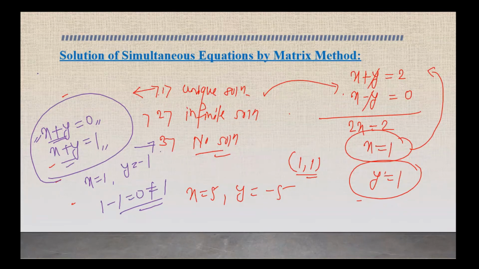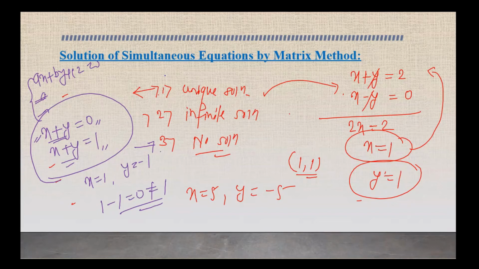Suppose I have 3 equations: ax plus by plus cz equal to 0, then a second equation, and a third equation. These are the 3 equations which we can already solve by using this method. It may be possible for 4 as well. But what happens if we have to solve 10 equations in 10 variables or 100 equations in 100 variables? Suppose I give you 100 equations and there are 100 unknowns present in these equations.